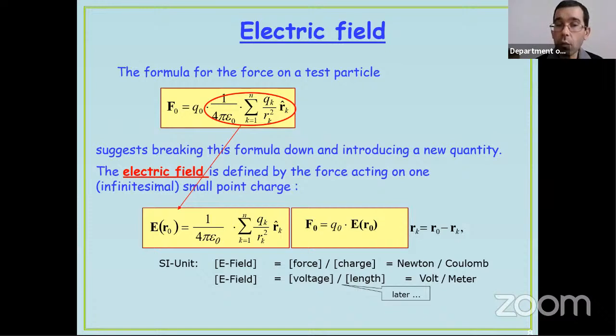So that's the reason why it will not depend anymore on the central probe charge. That's why we call it probe charge. And now the question is, how large is the force acting on any arbitrary charge that we position in the place of this probe charge?